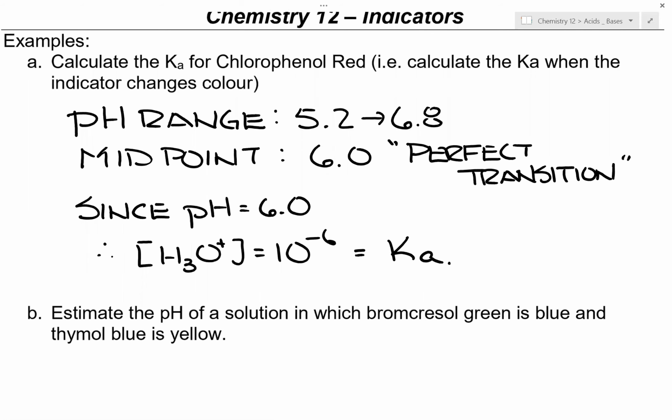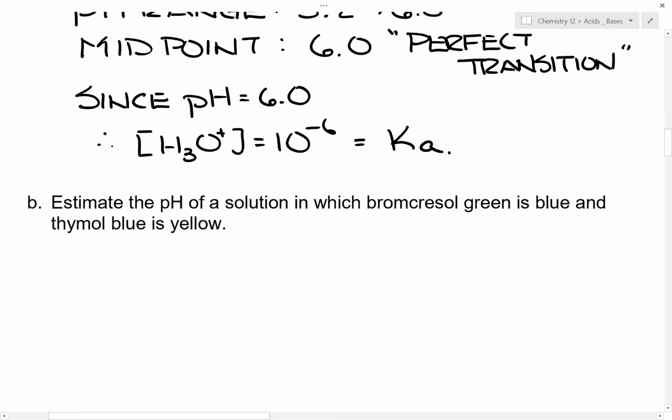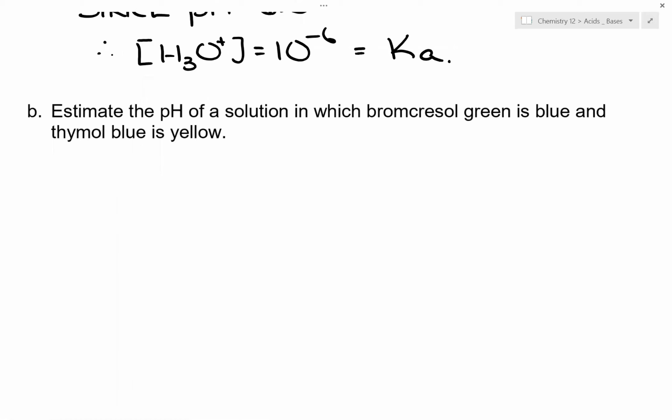So that's one question. Another question we could ask is: estimate the pH of a solution in which bromocresol green is blue and thymol blue is yellow. So what we can do is take a look at our table.